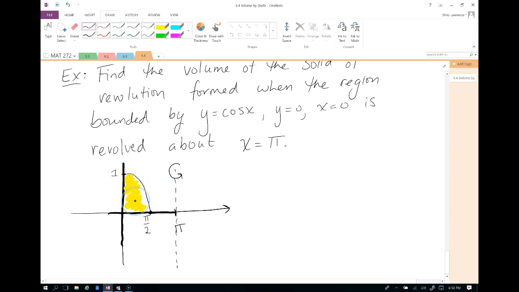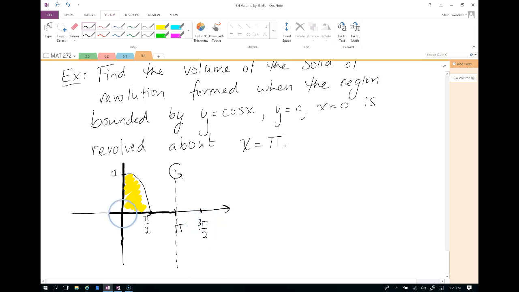So I need to take my yellow shaded region there and revolve it around the line x equals pi. So at 180 degrees, I will have a reflection over pi. And all my points are going to be an equal distance. So from pi over 2 to pi is a distance of pi over 2. So that point is going to translate to a distance of pi over 2 to the other side, which is 3 pi over 2.